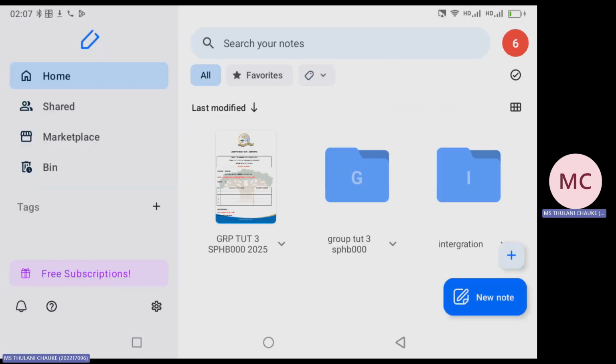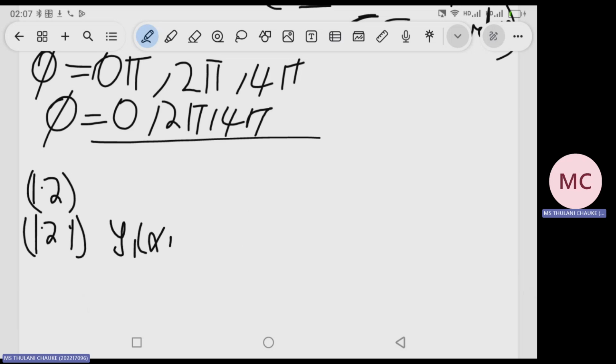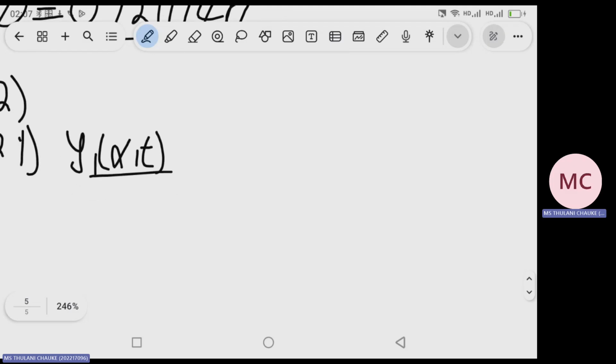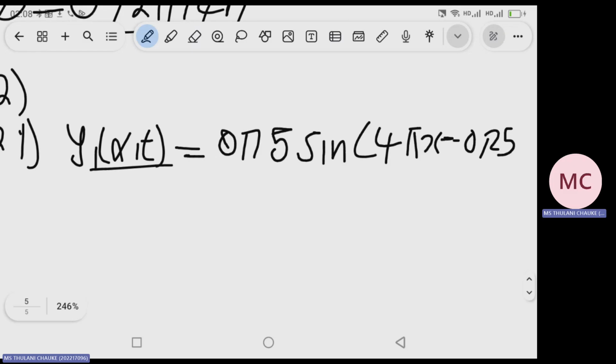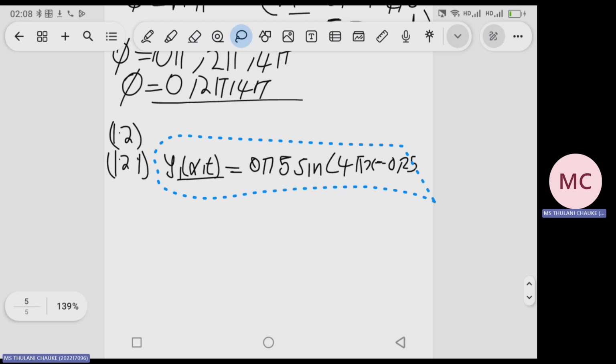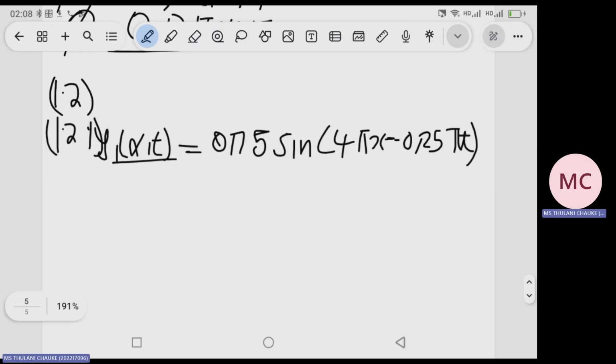Okay, let me write those equations here. 1.2.1, y1(x,t). Remember, with sinusoidal waves we are dealing with 2 variables now, unlike in simple harmonic motion where we were dealing with only one variable, which was t. So this will be 5 sine(4 pi x minus 0.25 pi t). Then y2.